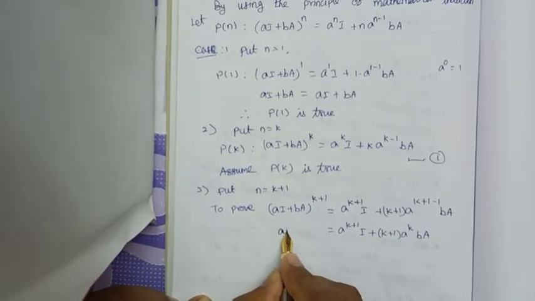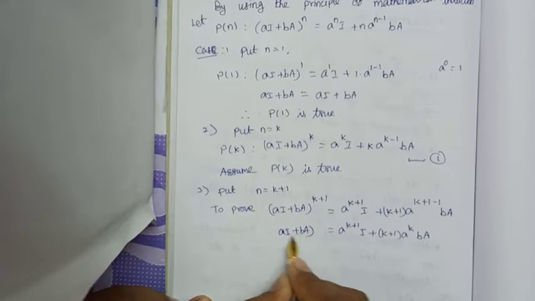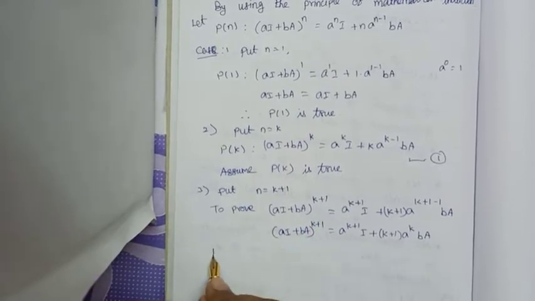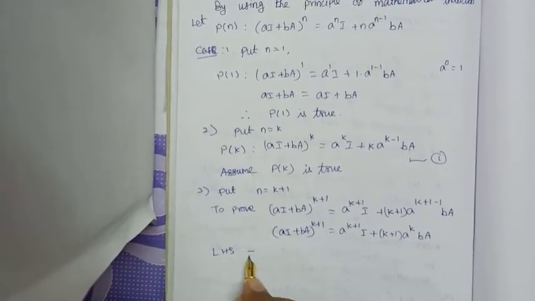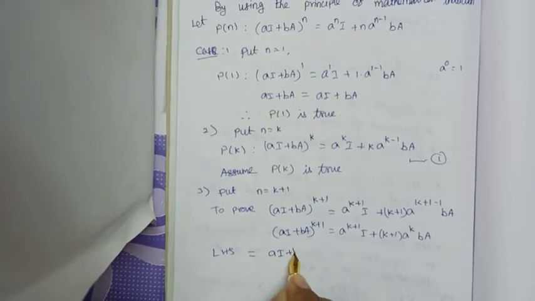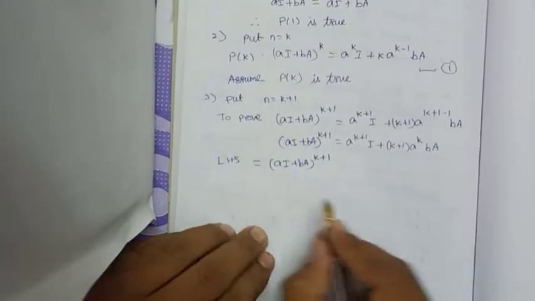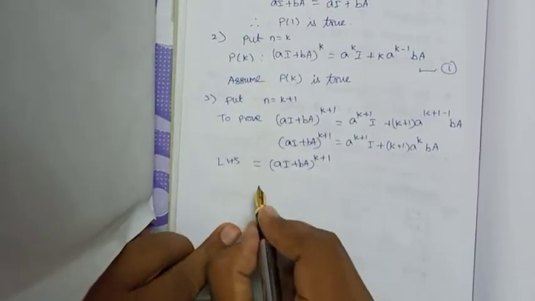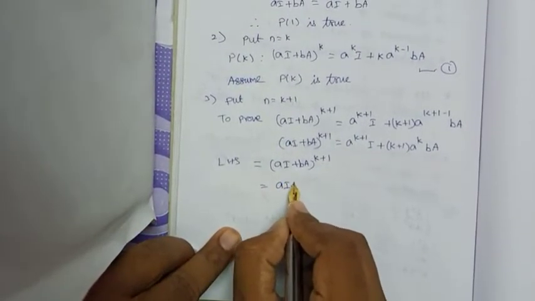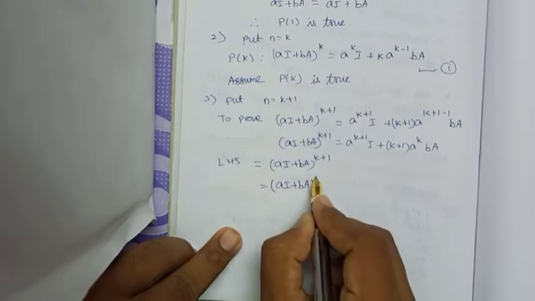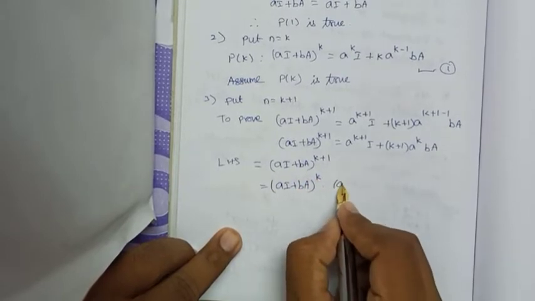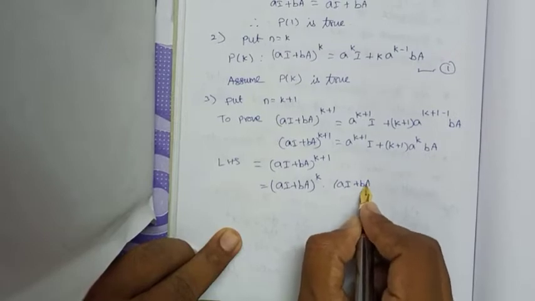Now taking the left hand side. So what is the left hand side here? (aI + bA)^(k+1). In this case we rewrite the expression as (aI + bA)^k into (aI + bA)^1.